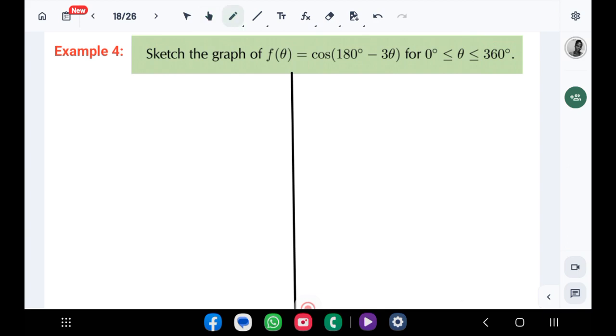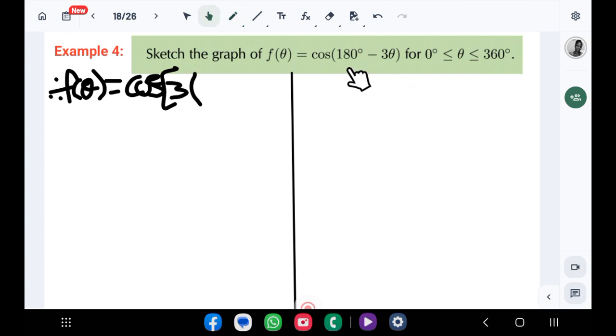But let's factorize. Therefore f of theta equals cos of 3 in brackets. Let's take out a common factor of 3, and we're left with 60 degrees minus theta.